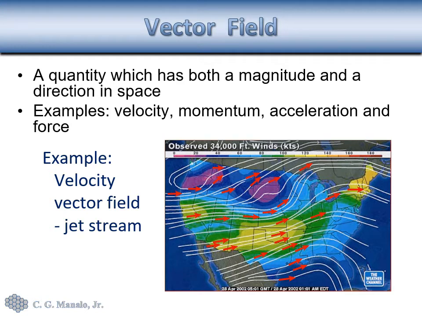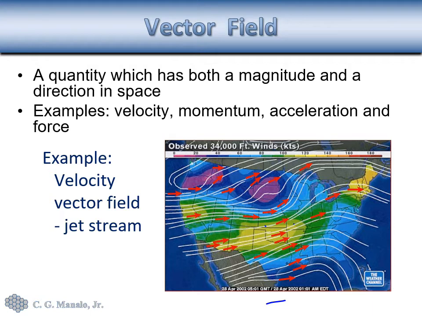An example of a vector field is the jet stream that can be found here. So in here, at any location in this map of the United States, is shown the velocity of the jet stream.